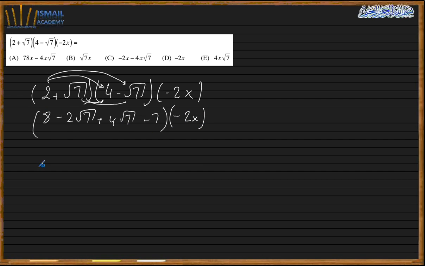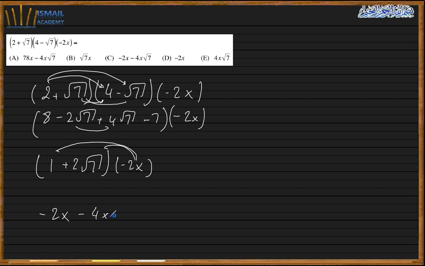So combine like terms. So 8 minus 7 is 1 plus 2 square root of 7, times minus 2x. Now I distribute. So it's going to be minus 2x minus 4x square root of 7. So the answer is C.